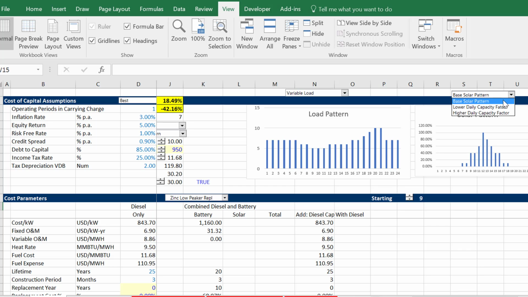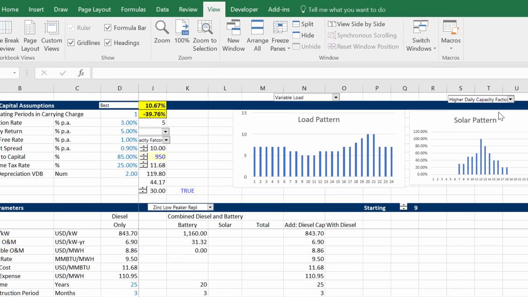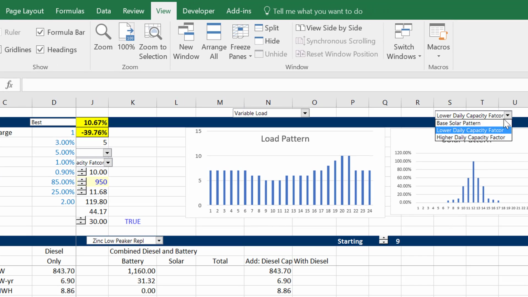All I did is put in a different one with a lower capacity factor and a higher capacity factor. By the way, if you're looking at this, if we get a higher capacity factor, we get 23%, lower, only 10%, and higher, 23. Whoops, what was our base case? 18%.